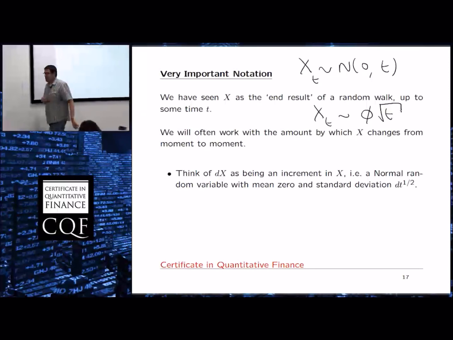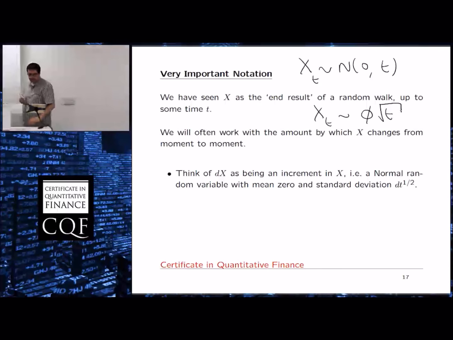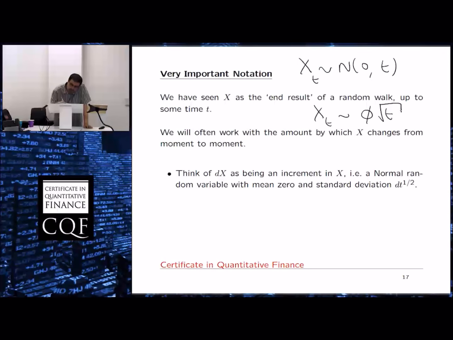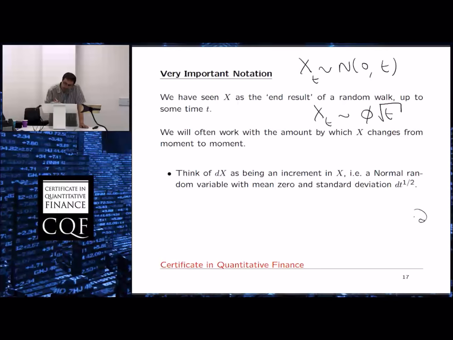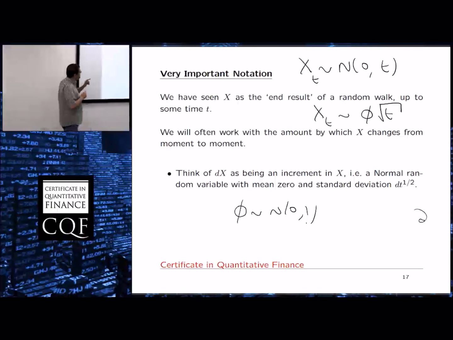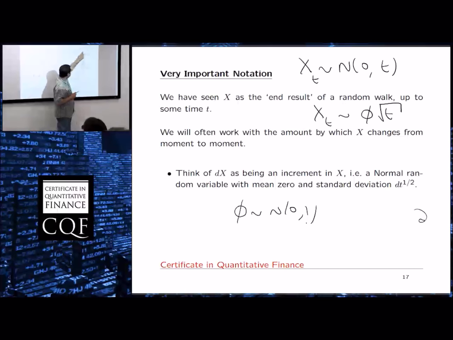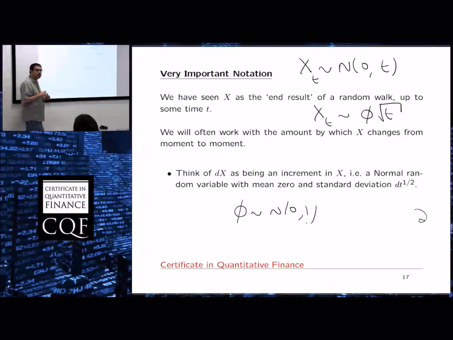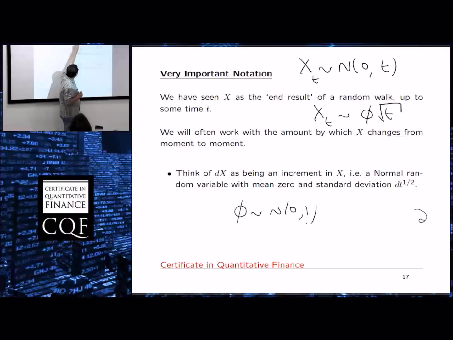So phi here is N(0,1). What we're saying is that you take a phi and you scale it with the square root of the time step, which is t. That has the same distribution or statistical properties as a Brownian motion.